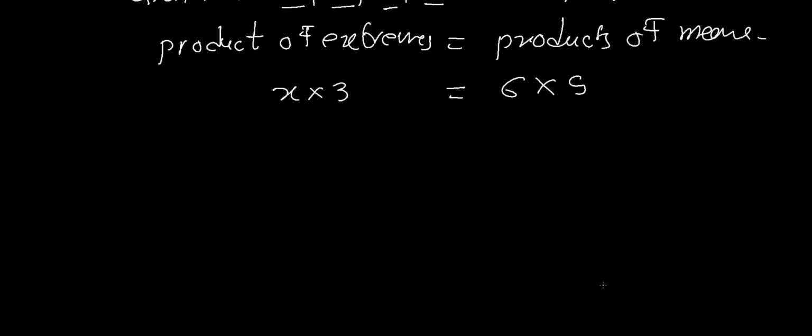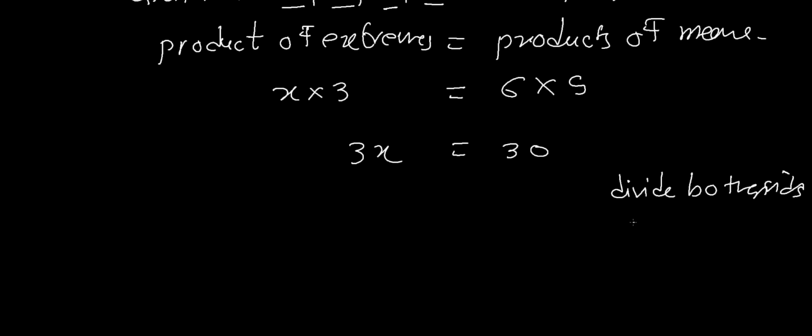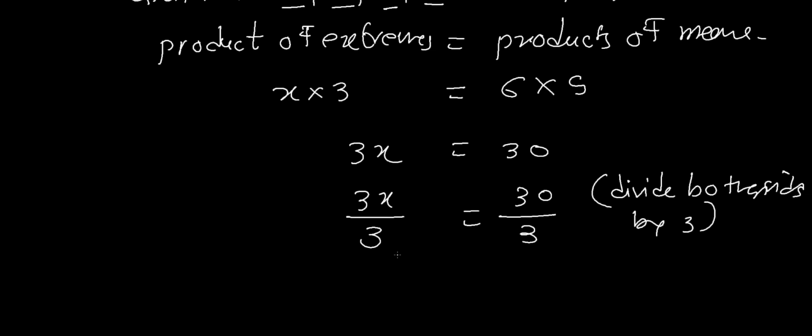So 3x equals 30. Now we can divide both sides by 3. So 3x divided by 3 equals 30 by 3.